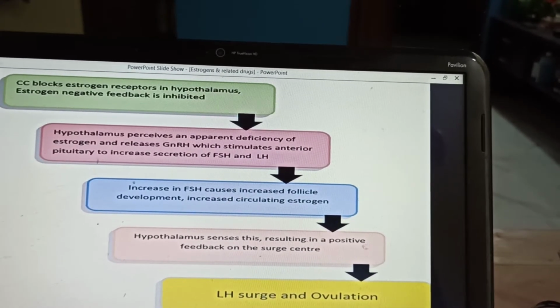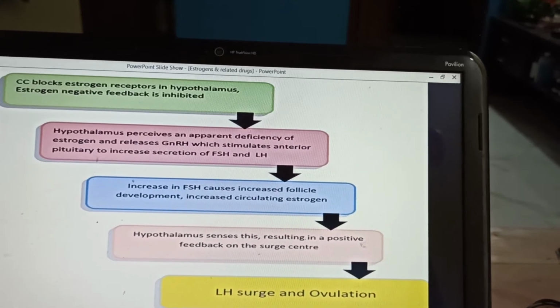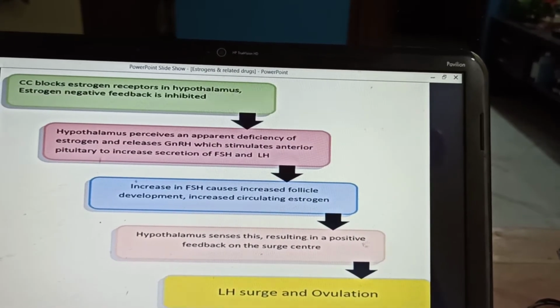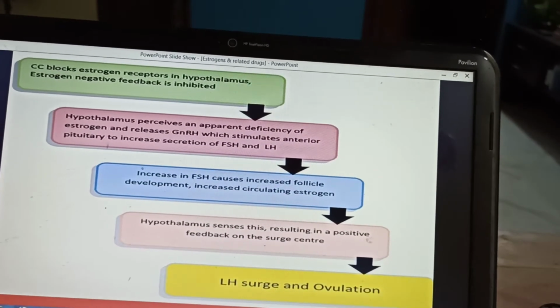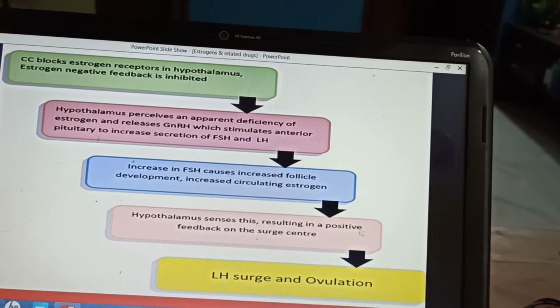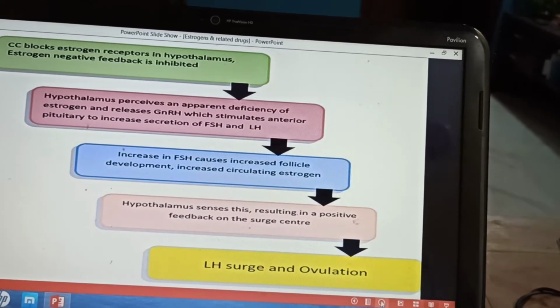So the final action is ovulation. Ovulation takes place by clomiphene citrate by blocking the negative feedback mechanism of the estrogen, by blocking the estrogen receptors on the hypothalamus.